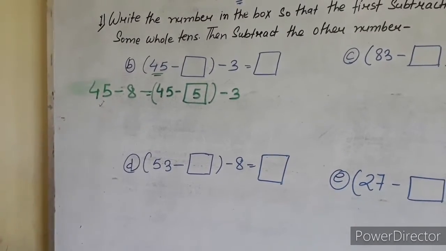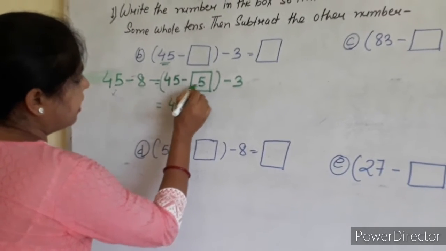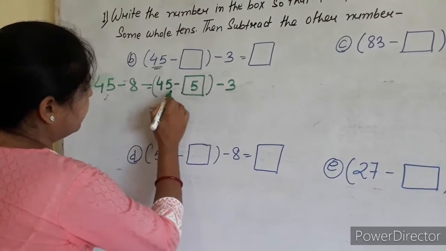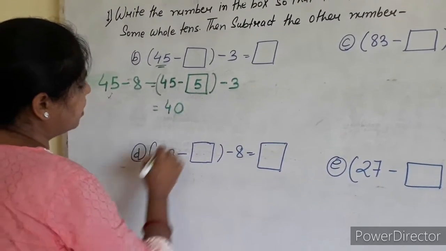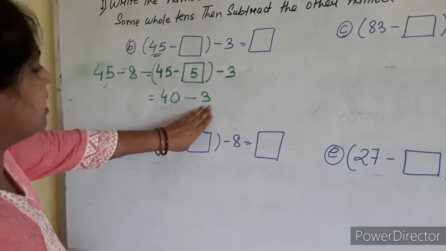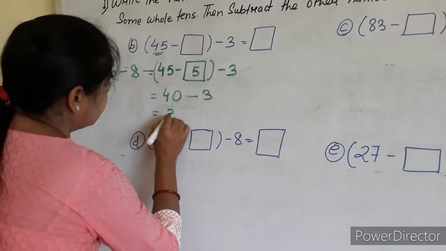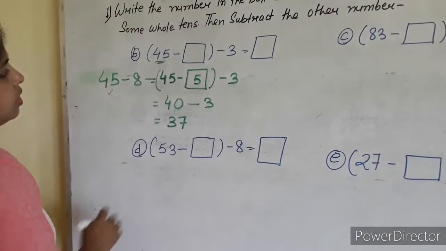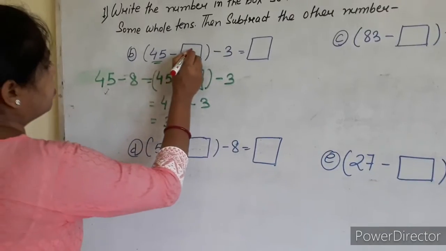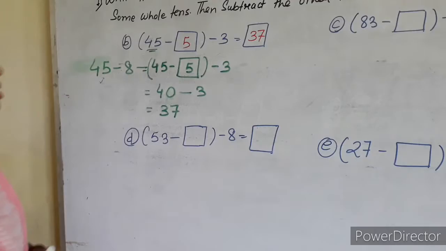First we subtract 5 from 45, and the answer is 40. Then we subtract the second number, 3, and our answer will be 37. So here we write 45 minus 5, and this is 37.